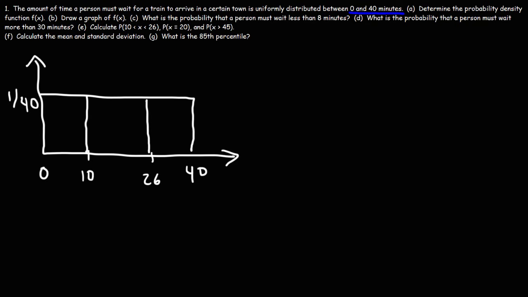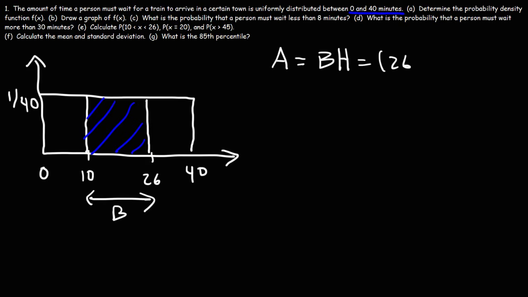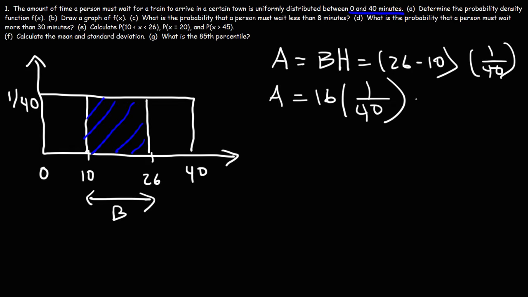So what is the area of that rectangle? So once again, area is equal to the base times the height. And as we can see, the base is between 10 and 26. So it's 26 minus 10. And the height is still 1 over 40. Now, 26 minus 10, that's going to be 16. And 16 times 1 over 40 is simply 16 over 40.